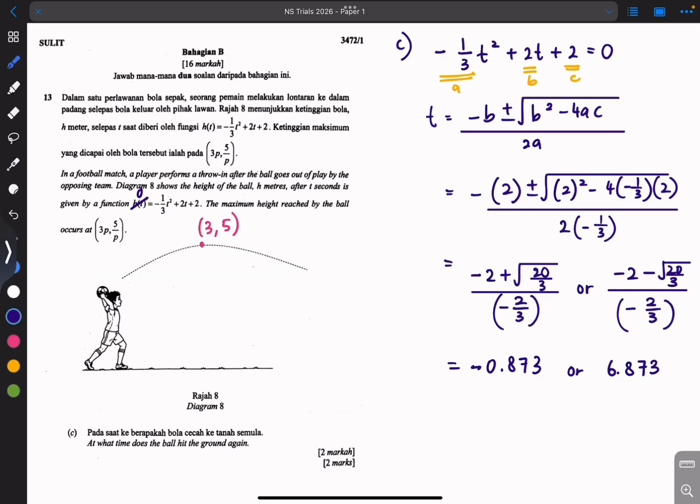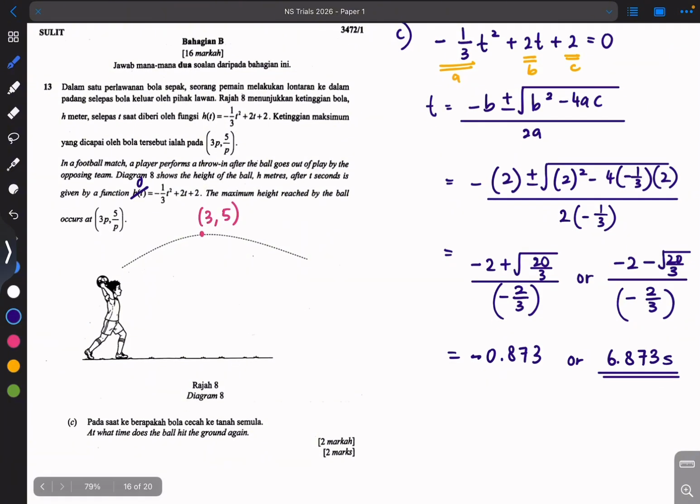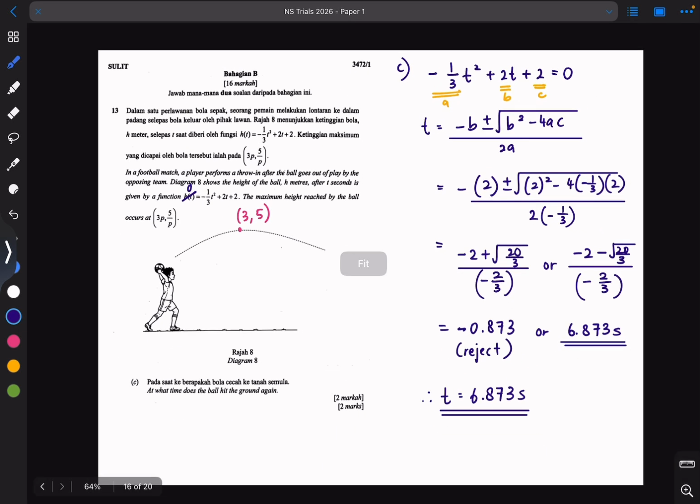And just now remember the answer had to be more than 6. So this would be the answer. 6.873 seconds later, the ball touches the ground. So right here, we just reject this guy. So we can say t is 6.873 seconds. That's it. Done.